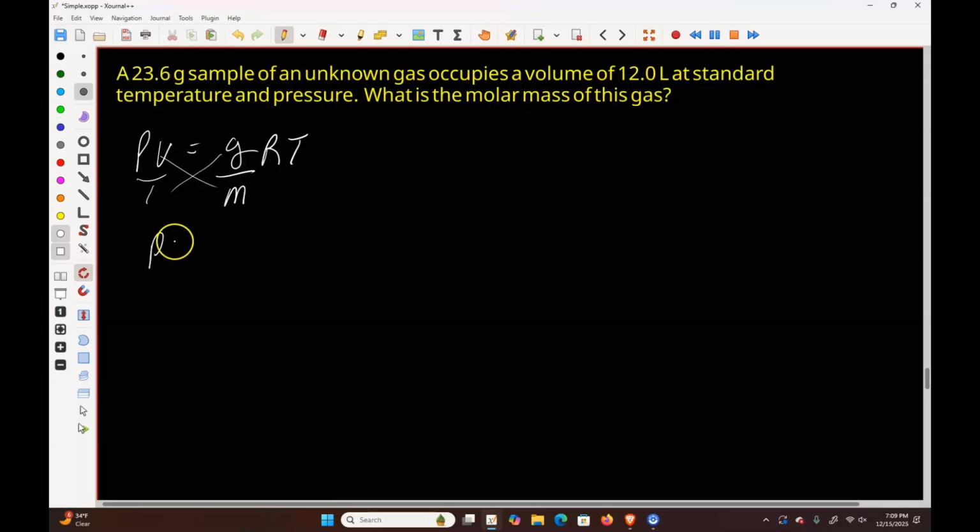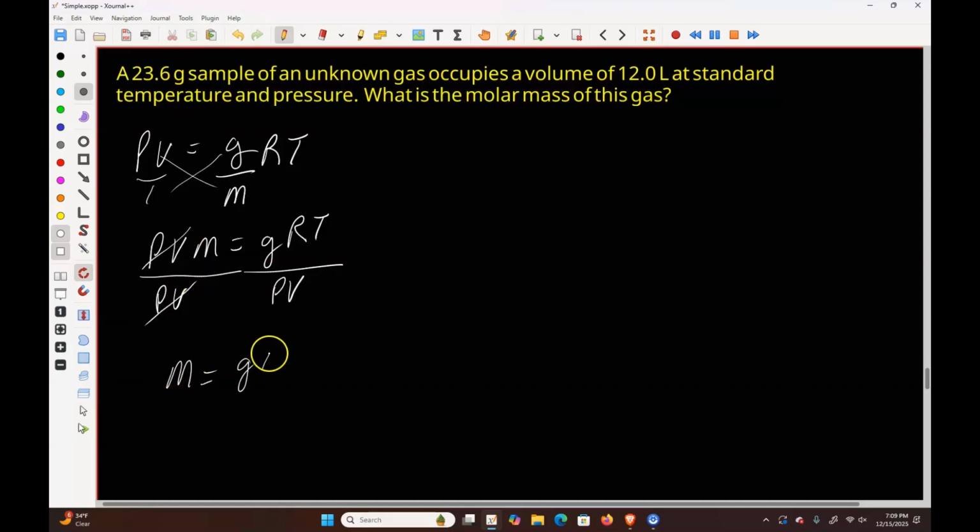So I have PVM equals gRT. Divide both sides by PV. So M equals gRT over PV.